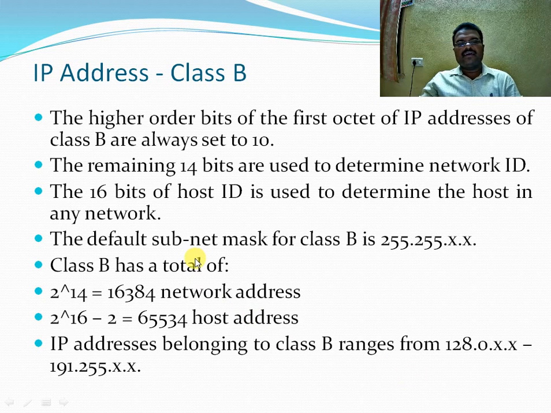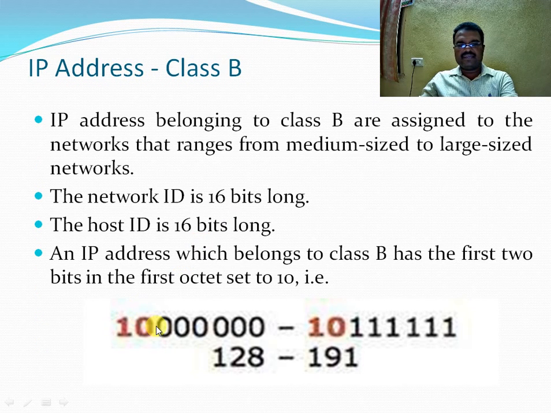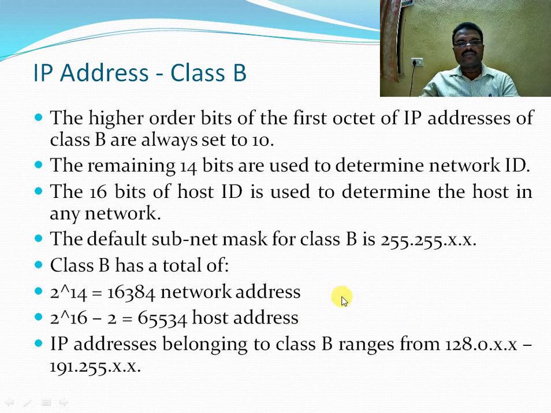The higher order bits of the first octet of class B IP addresses are always set to 10. So by seeing this, we can identify that this IP address belongs to class B. The remaining 14 bits are used to determine the network ID.